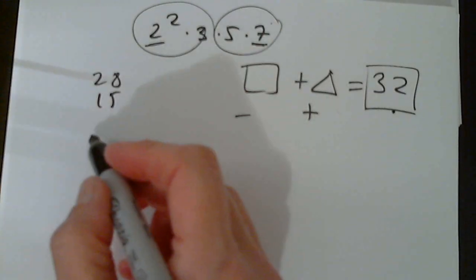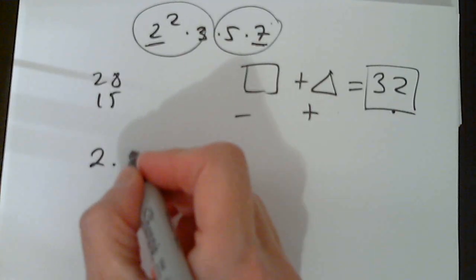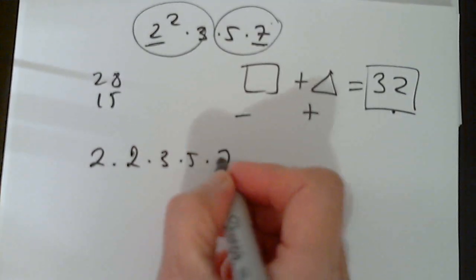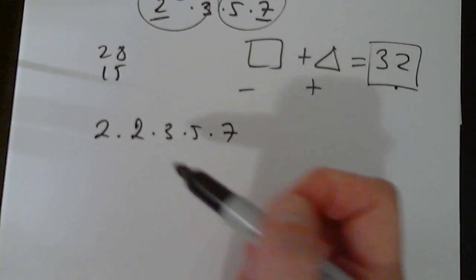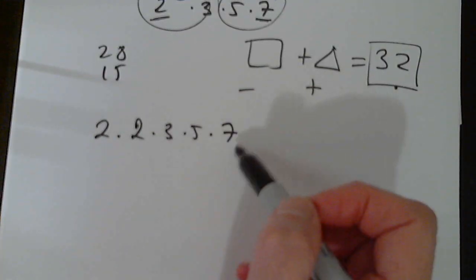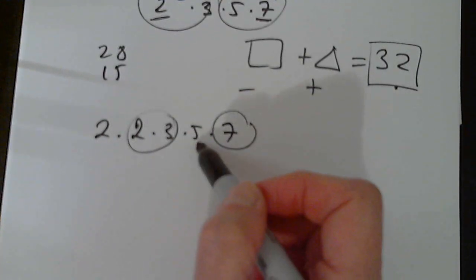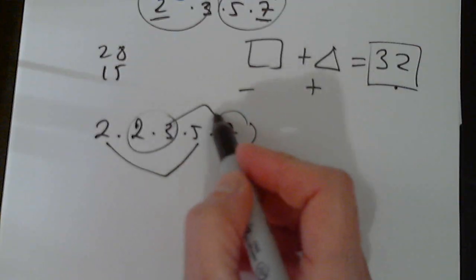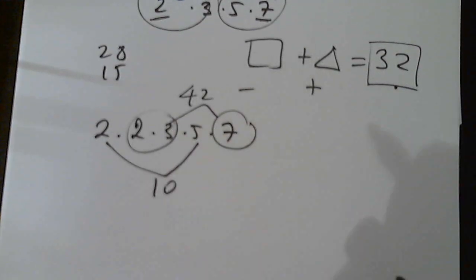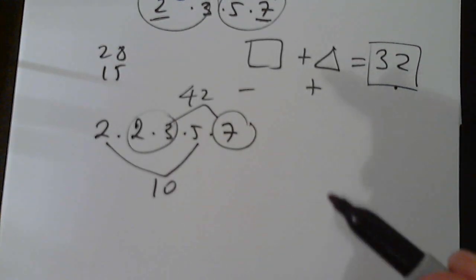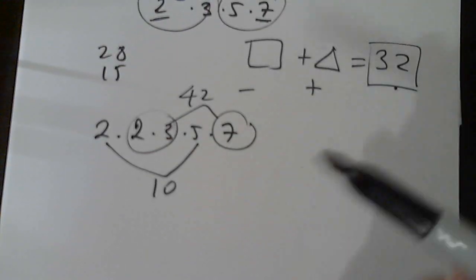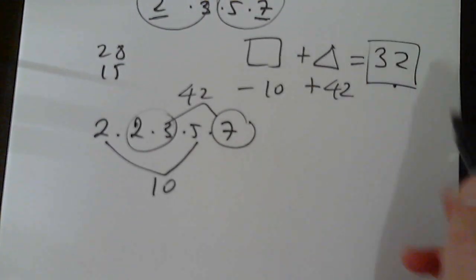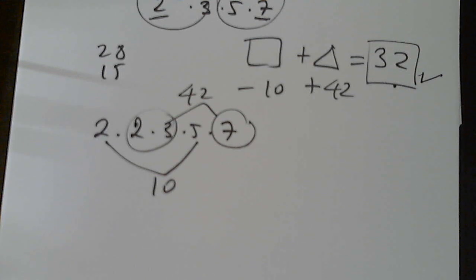What other possibilities? I realized that my only option is a 6 with a 7 and these two, so this one will be a 42 and this one will be a 10. This is my only option. 42 minus 10 will be 32.